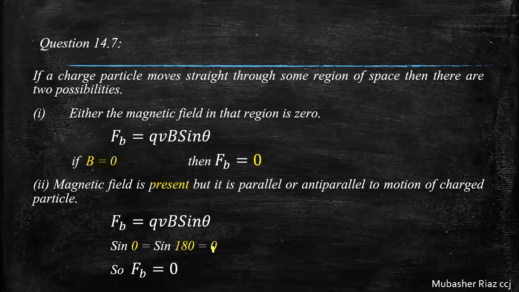So magnetic force becomes 0 and the particle moves along the straight line without any deflection. अगर magnetic field present हो और perpendicular हो, तब इसका straight line path curved path में change हो सकता है. But if it is parallel or anti-parallel, then it will not experience any kind of force and particle moves along the straight line.